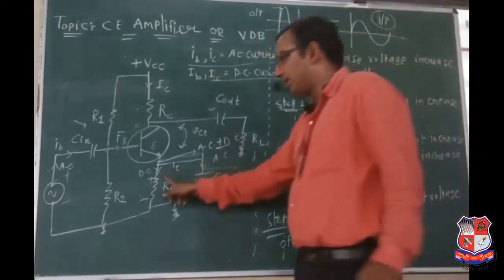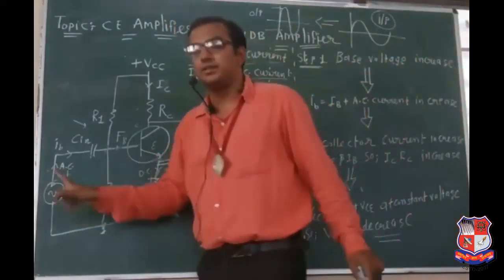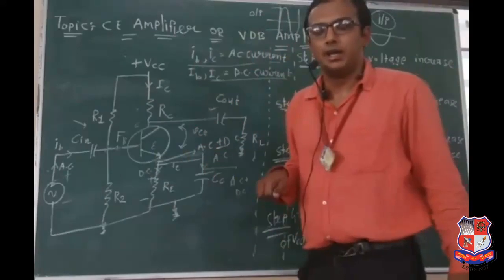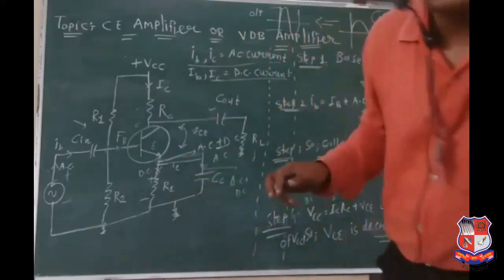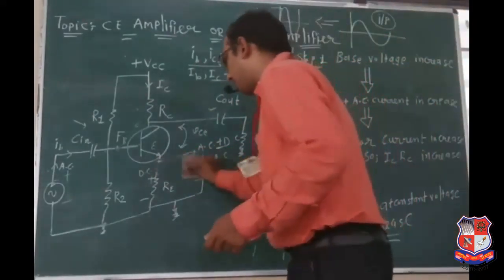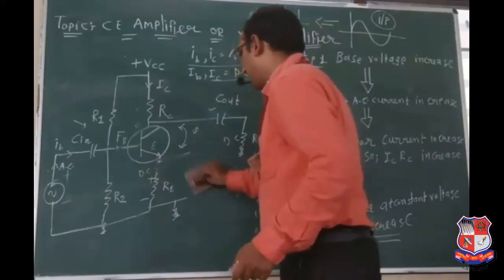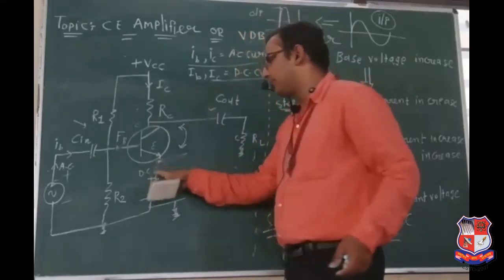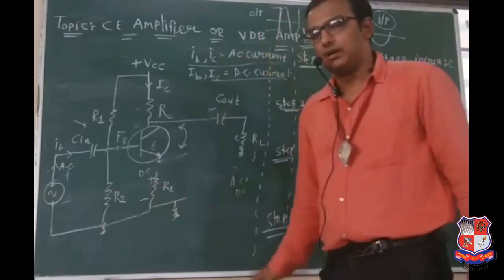That's why plus, minus, minus, plus is known as subtractive polarity. If we do not put the capacitor, then the AC component and DC component both can be passed in the circuit.